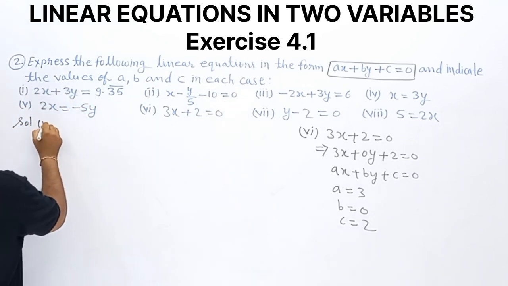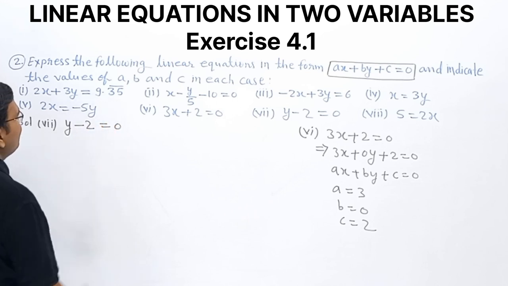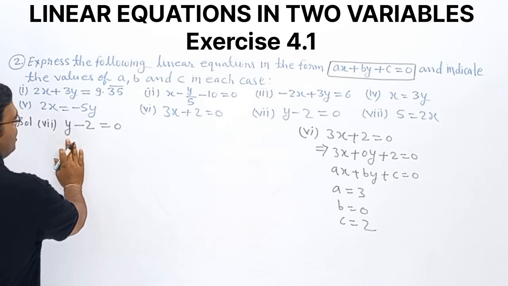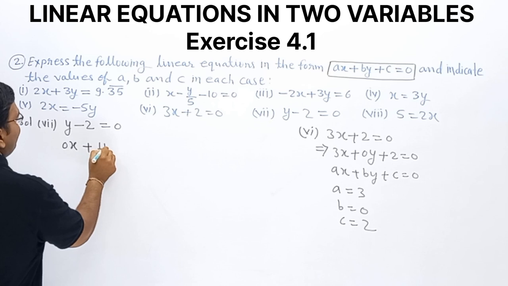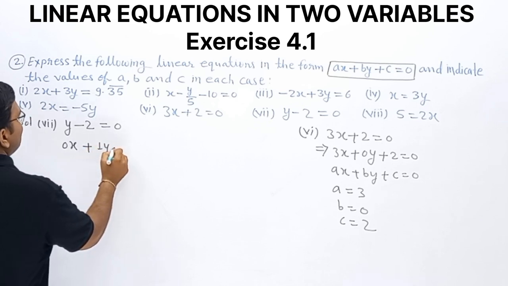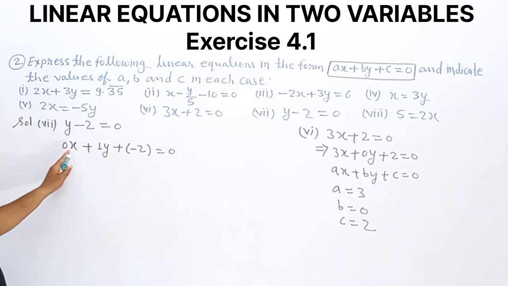Question number 7, y minus 2 equal to 0. Again this is a linear equation in one variable, but we want a linear equation in two variables. So how will we write it? In which x is not there, so we can say 0x plus 1y, or normally y, plus minus 2 equal to 0. 0 into x is 0, 1y will be y.